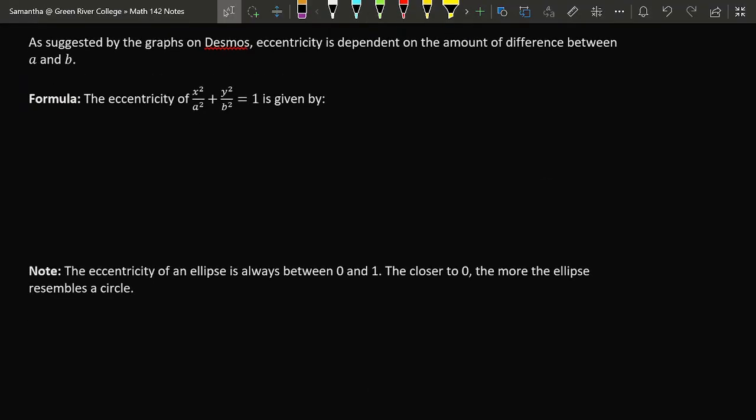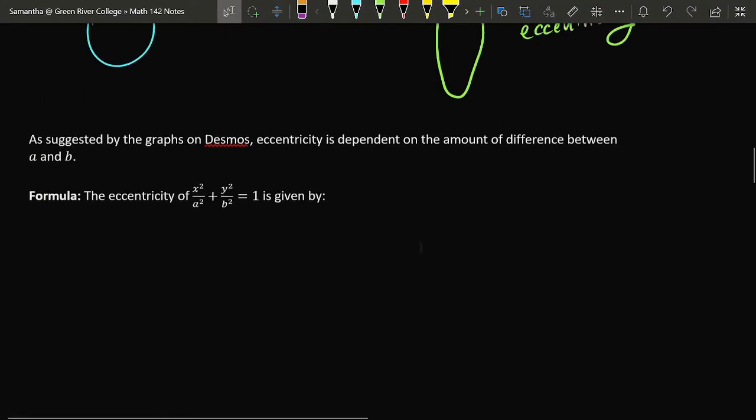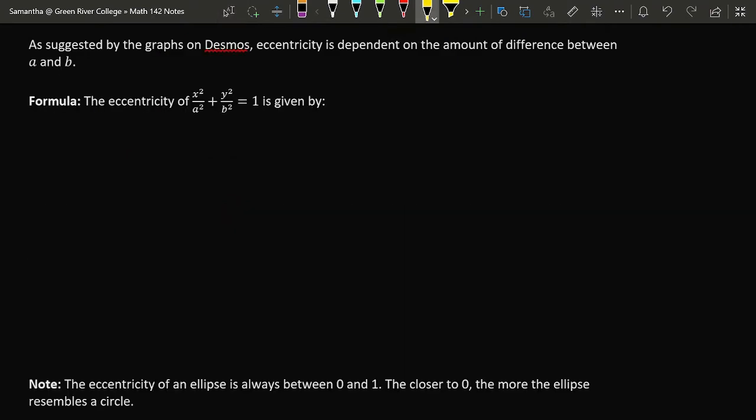So what is the exact formula for the eccentricity of an ellipse? Our intuition suggests that the eccentricity is going to be relatively small if the values of a and b are close to each other. And there are two different formulas depending on whether a squared or b squared is the larger number.